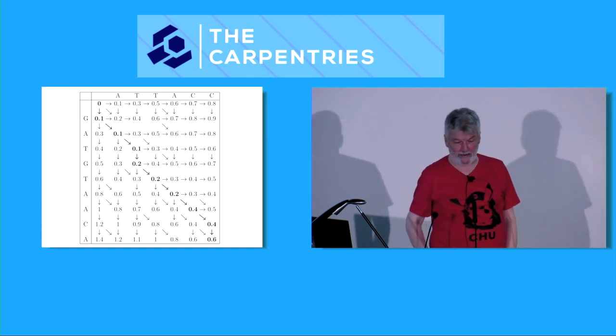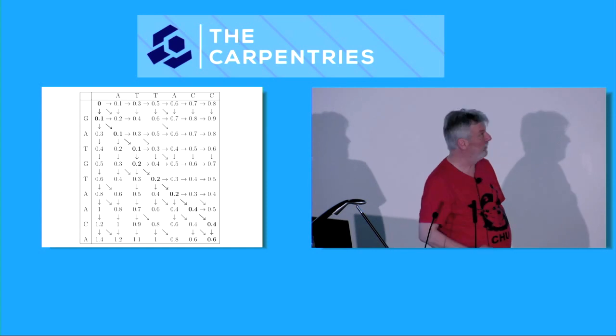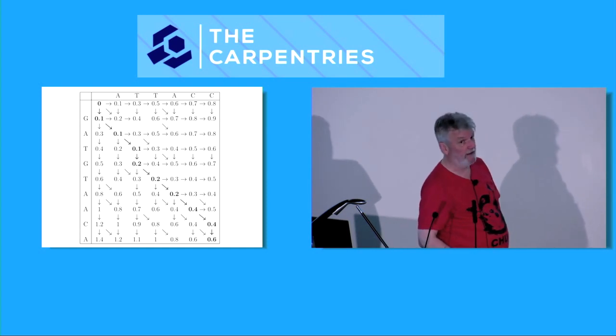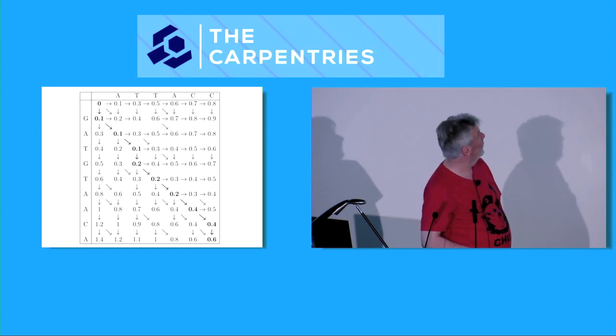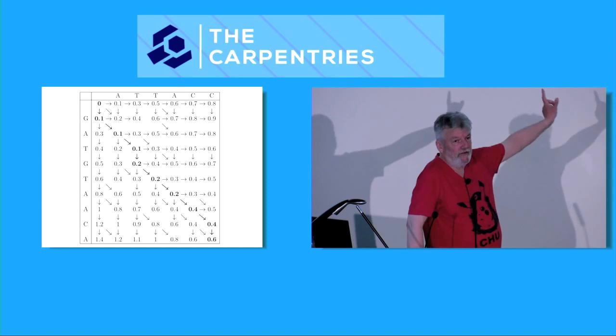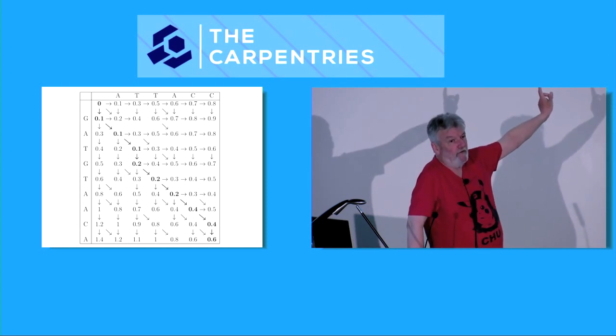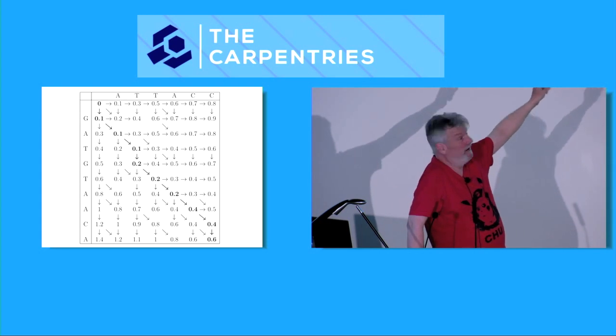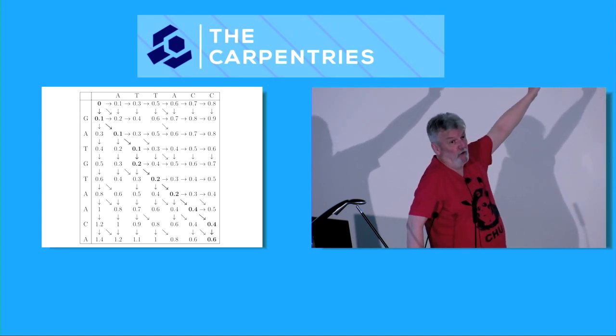I may not be able to explain this very well, so I'm not going to try and do it in detail, but the method works by placing the sequences along the sides of a rectangle. Okay, so in this case we're using DNA. So you have one sequence along the top and one along the side. And the principle is that any cell in here gives the score of the best possible alignment ending at those two residues, starting up in the top left-hand corner.